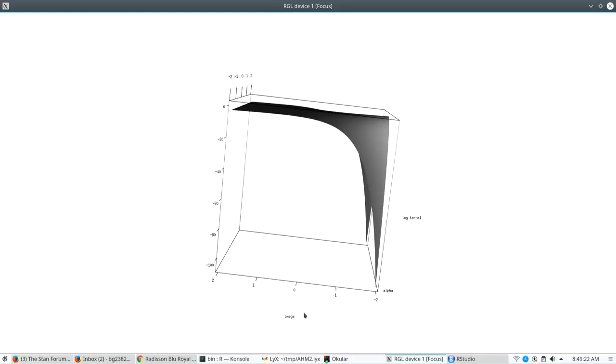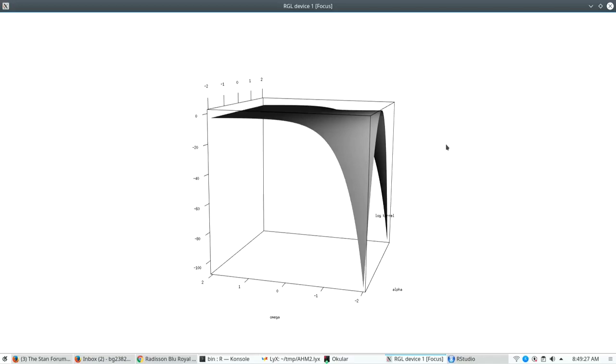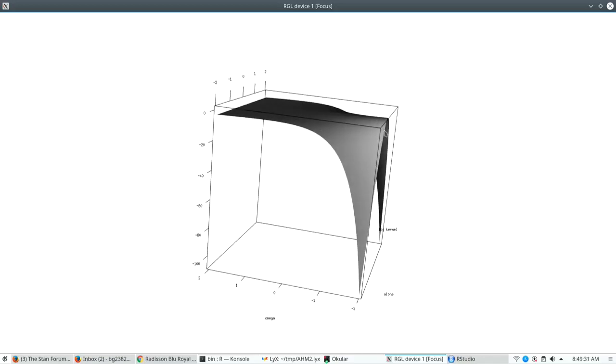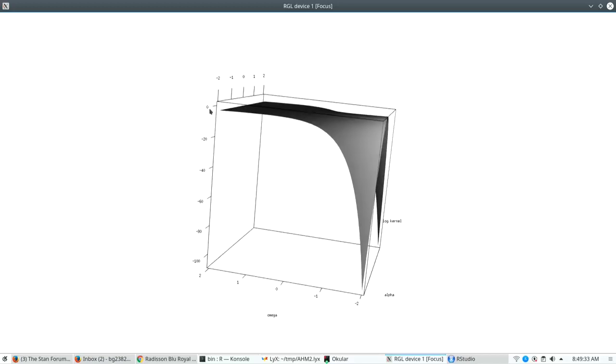But as omega gets to very extreme values, the second derivatives are very large, and the slope changes rapidly in log units. At the top, it's about 0, and then all of a sudden it gets changing very, very rapidly. Down here at the bottom, it's like -100 in log units. So basically, it changed by about 100 as omega went from -1 to 2.